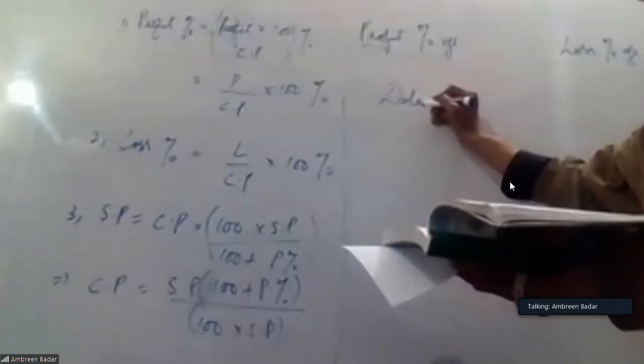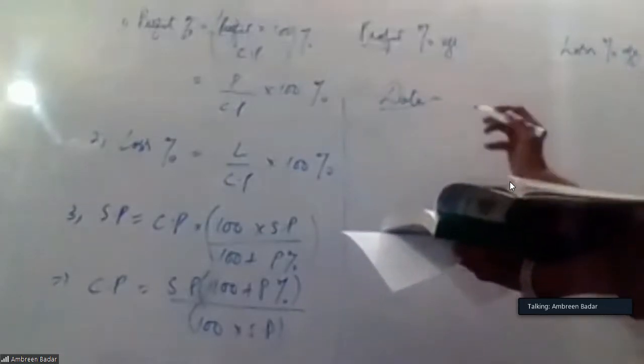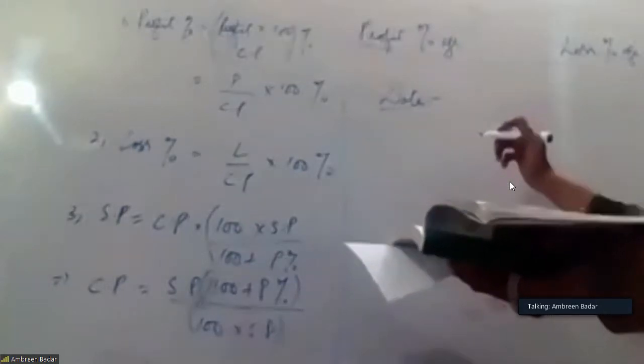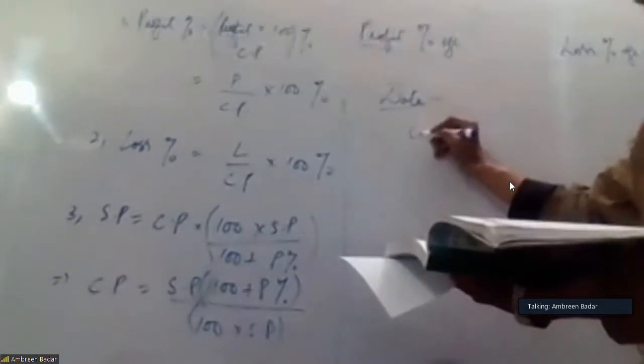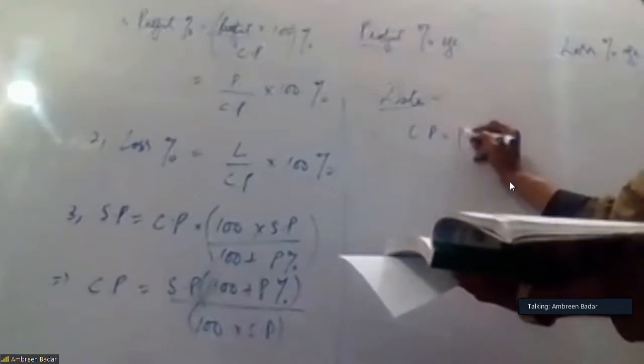Listen to me carefully. It says a bag costs $28. I'm writing down the given data. So it is clear that the cost price is given, isn't it? Very easy.